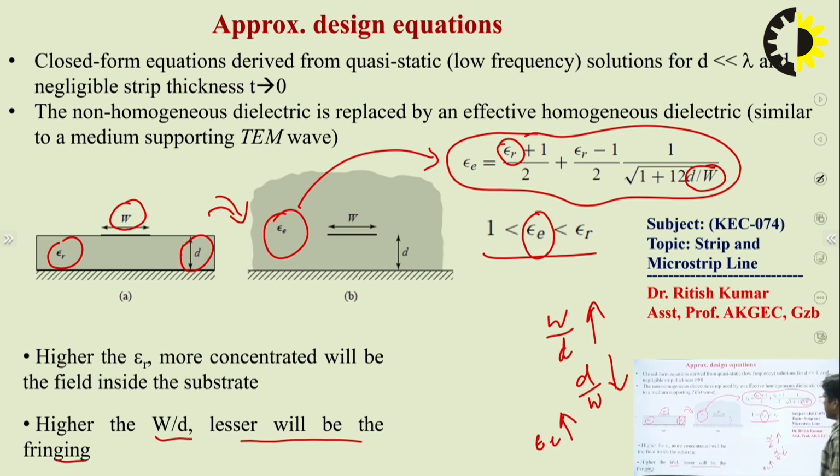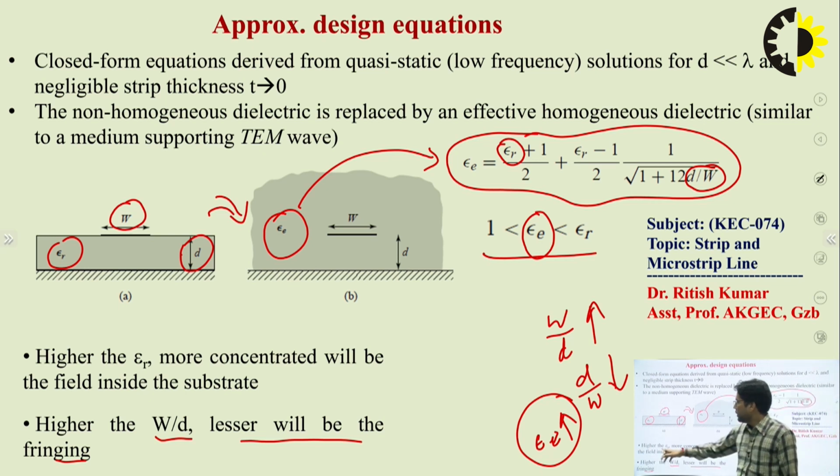Why do we say the value of fringing is lesser? Because the effective relative permittivity of the surrounding media increases, all the electric field which is towards the air will be confined, mostly within the dielectric media. If the dielectric media value is increased, then most of the field is confined within the dielectric media.